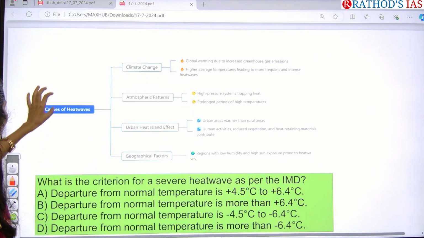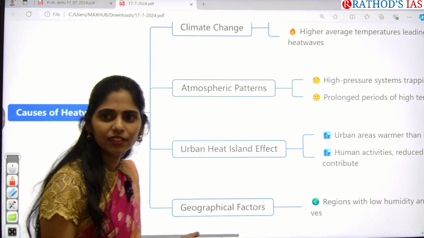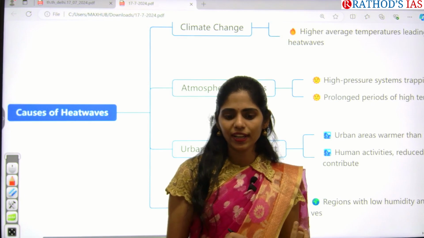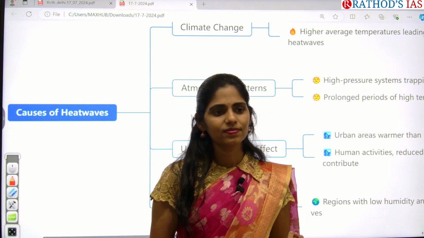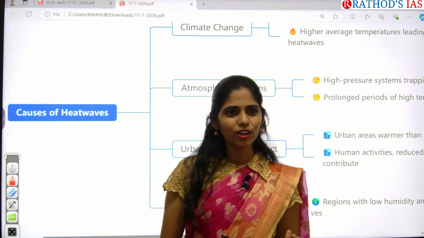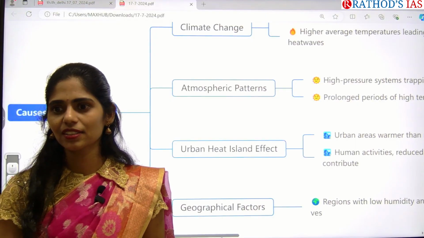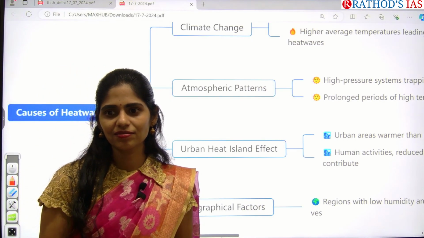Now tell me, what are the causes of this heat wave? Climate change. Why climate change? Deforestation, greenhouse emissions, global warming. Next, urbanization, urban heat islands.